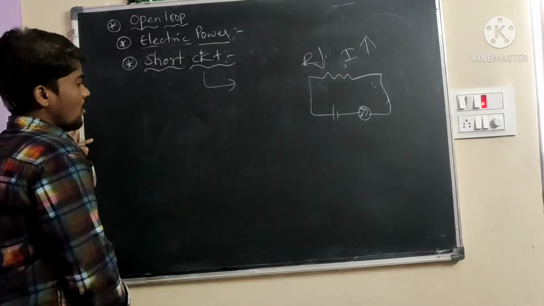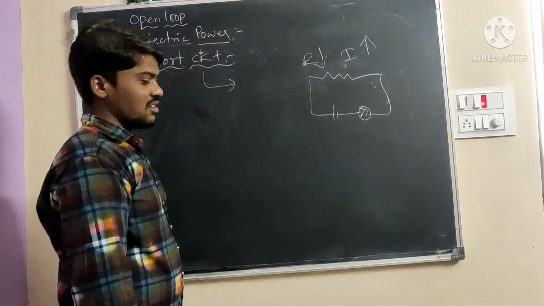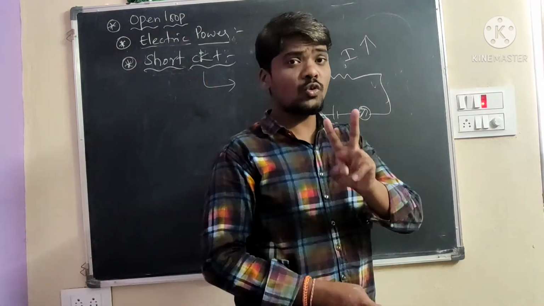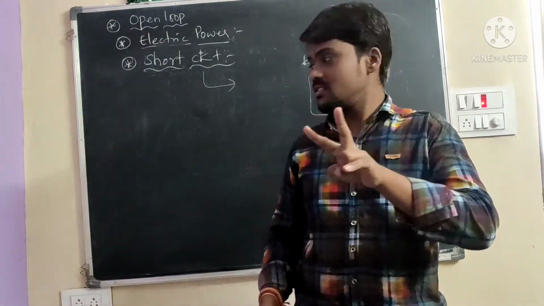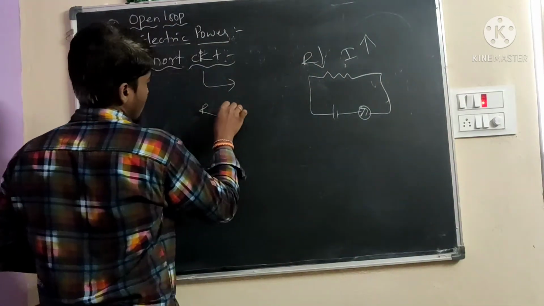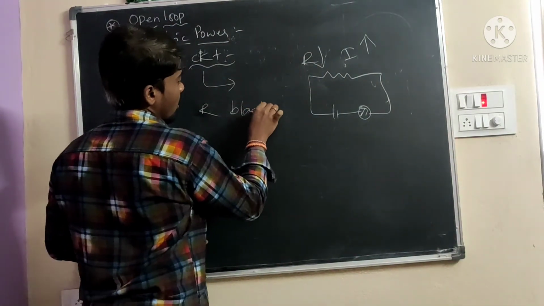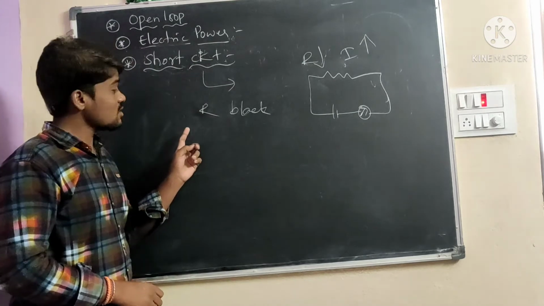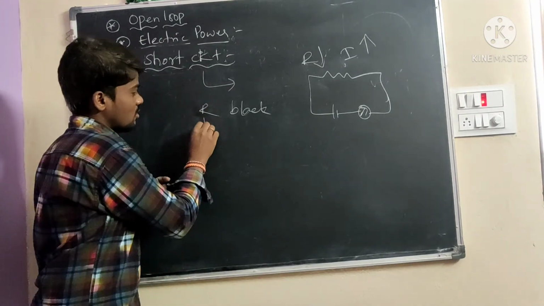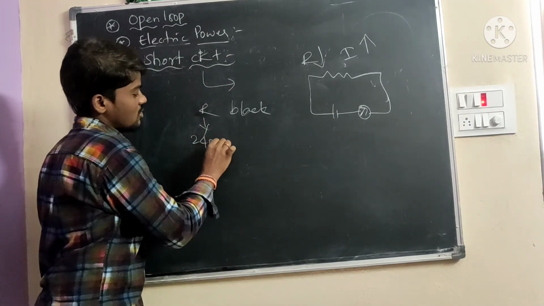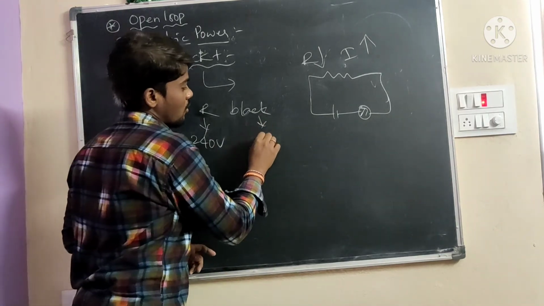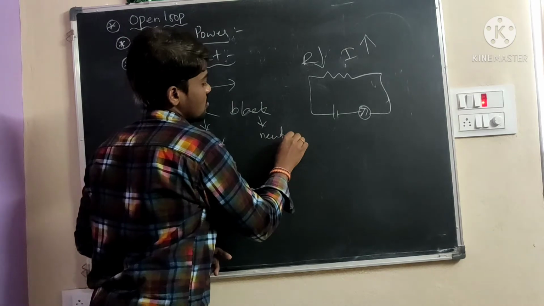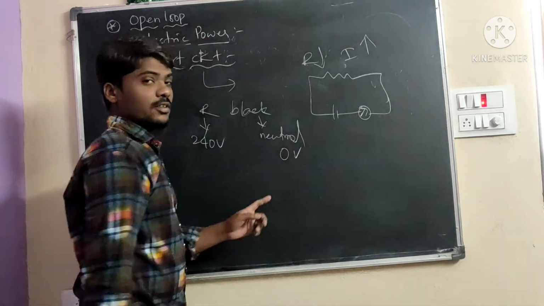For example, in a household there are two wires, one red and one black. The red wire is at high voltage, 240 volts, and the black wire is the neutral, at zero voltage.